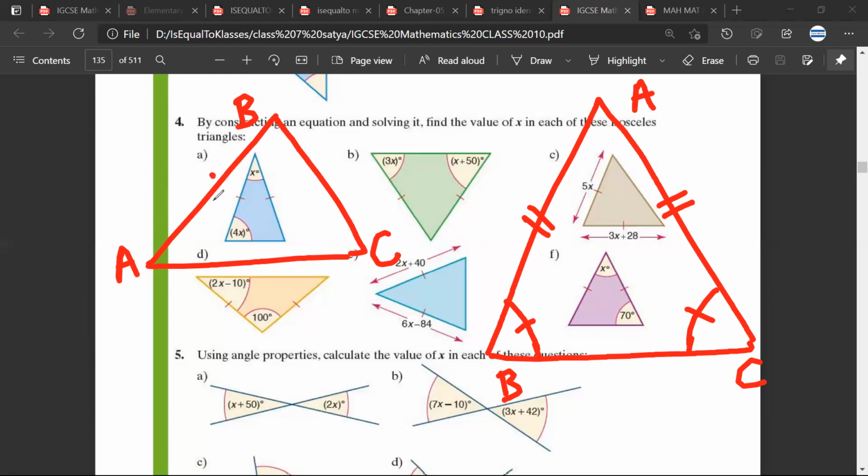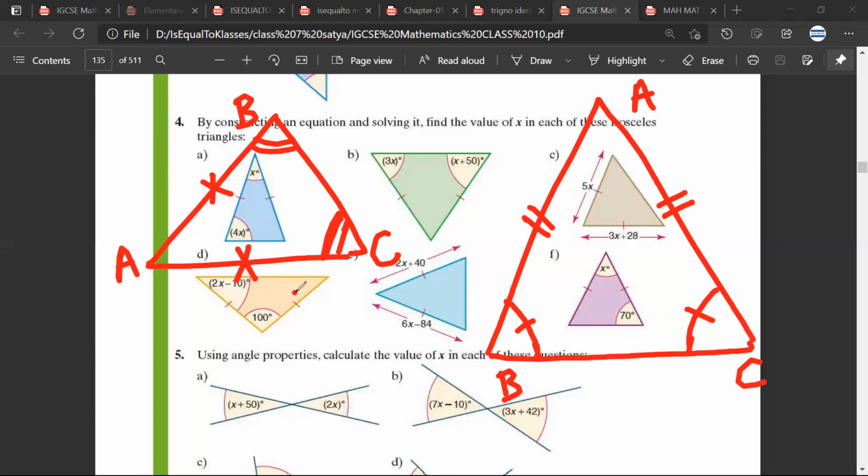Mr. Sarthak, if AB and AC are equal, then which two angles would be equal? ABC and ACB. Shabash. So this angle and this angle. See, it is very simple. If you have two equal sides, the opposite angles would be equal.